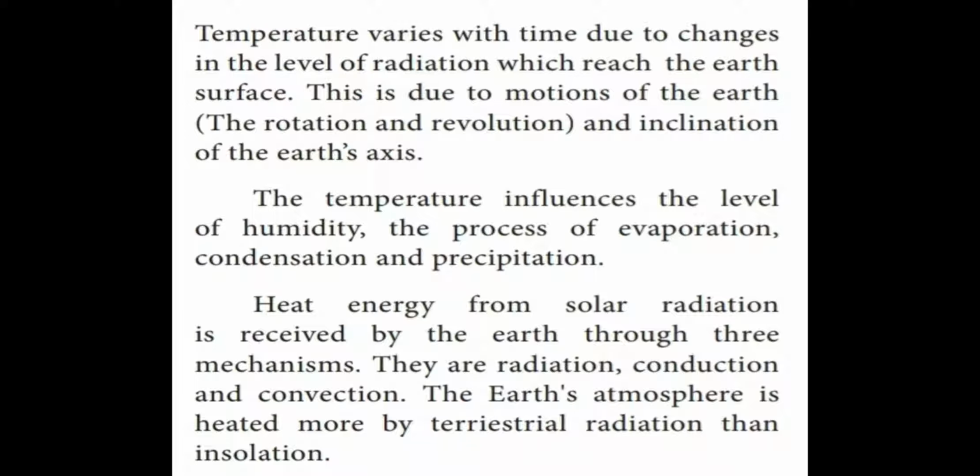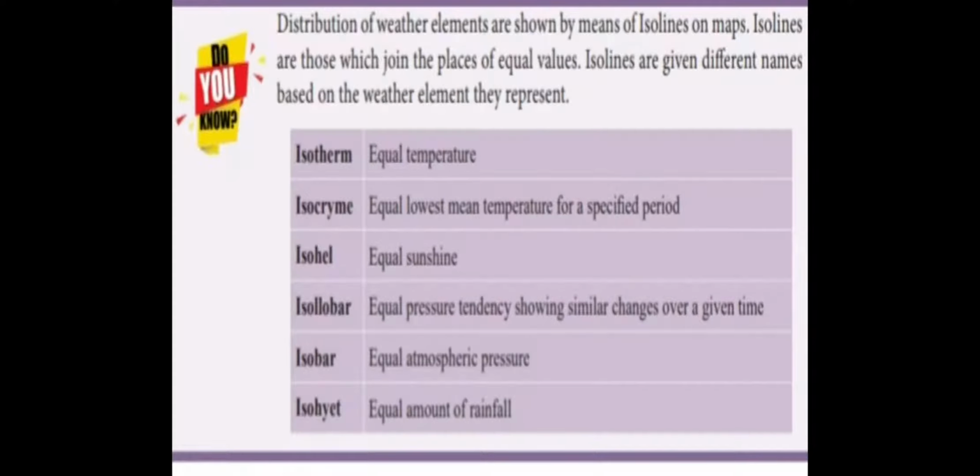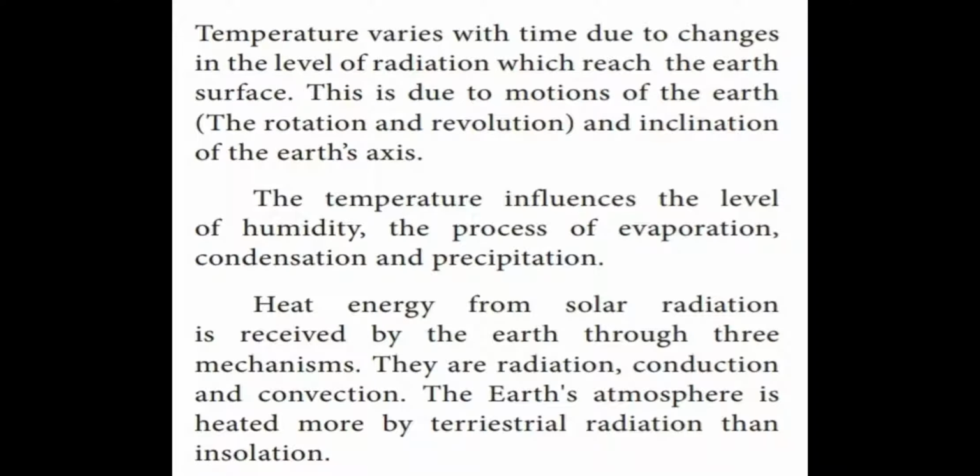Next, the temperature influences the level of humidity, the process of evaporation, condensation and precipitation. The temperature influences what? Humidity, the process of evaporation, condensation and precipitation. Heat energy from solar radiation is received by the earth through three mechanisms.